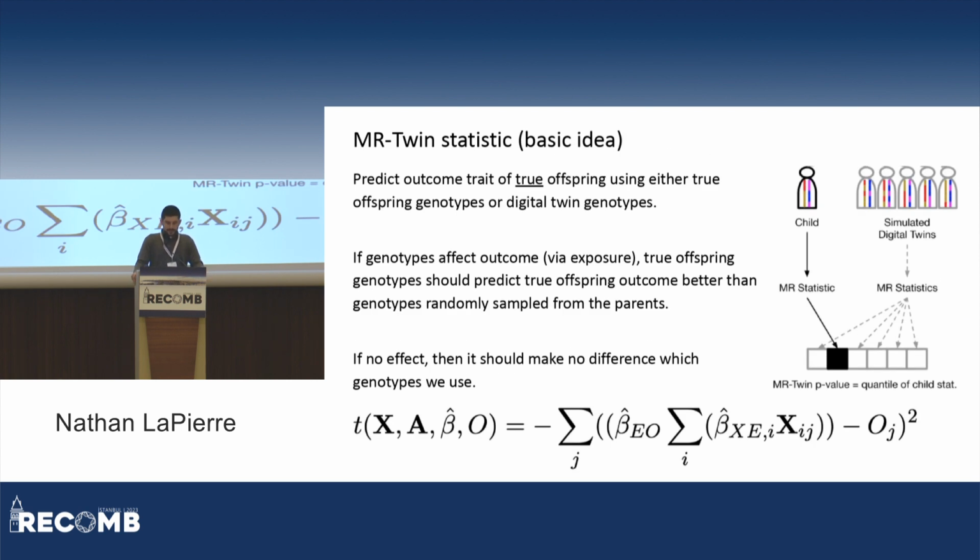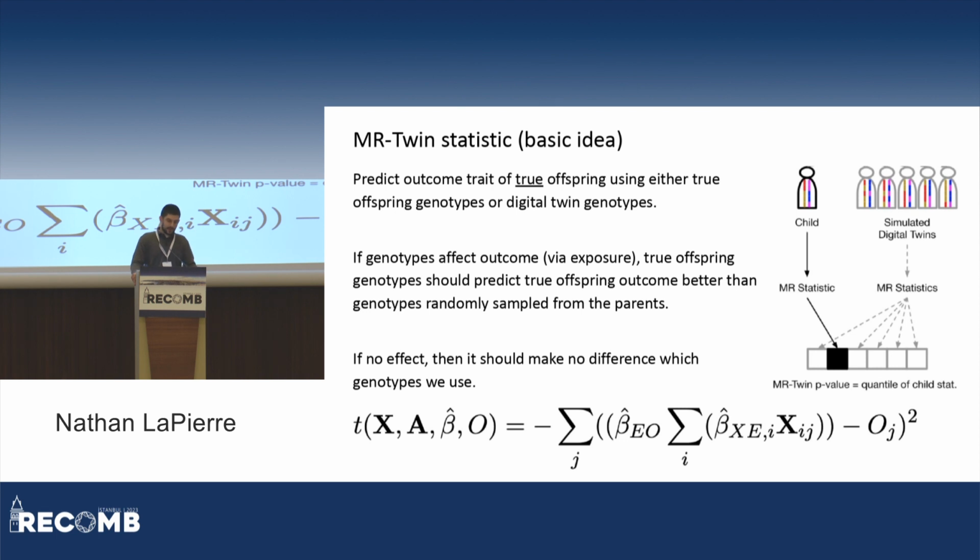For the statistic, I've written it in there, but don't worry too much about the notation. The basic idea is that we want to predict the outcome trait of the true offspring using either the true offspring's genotypes or these digital twin genotypes.